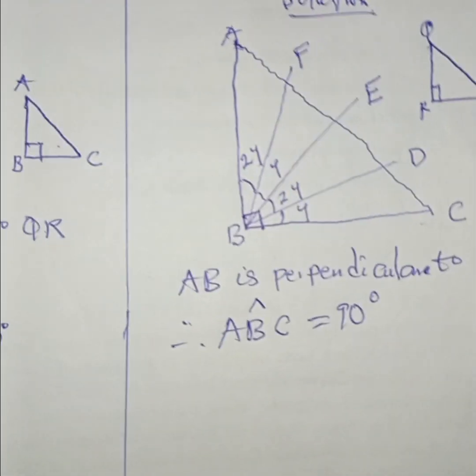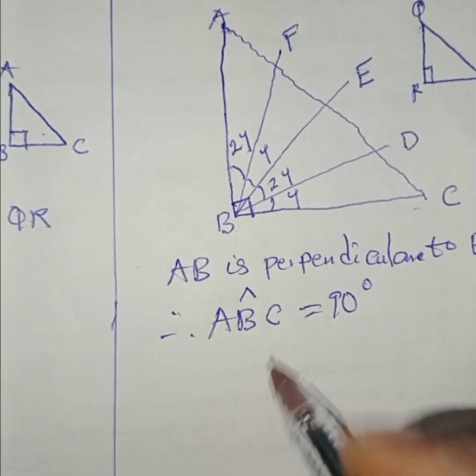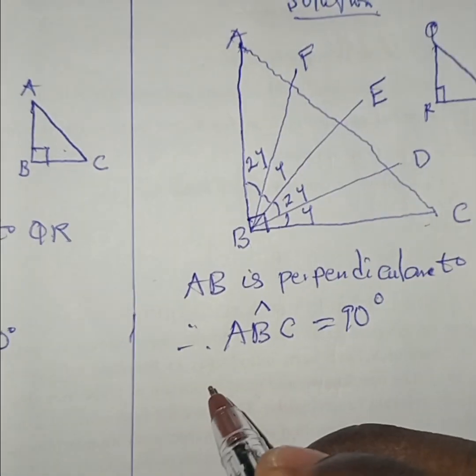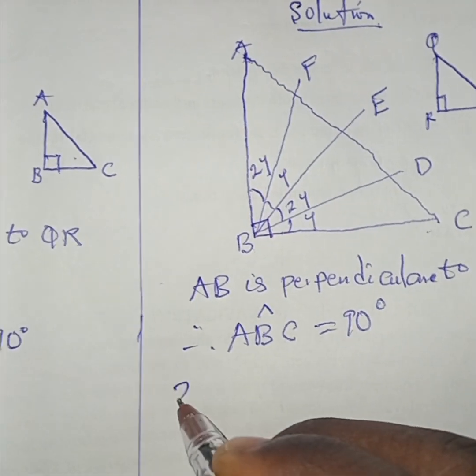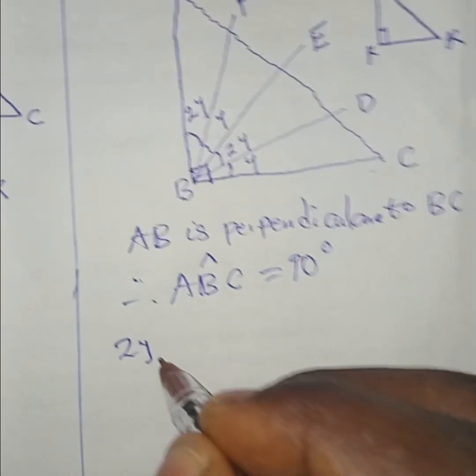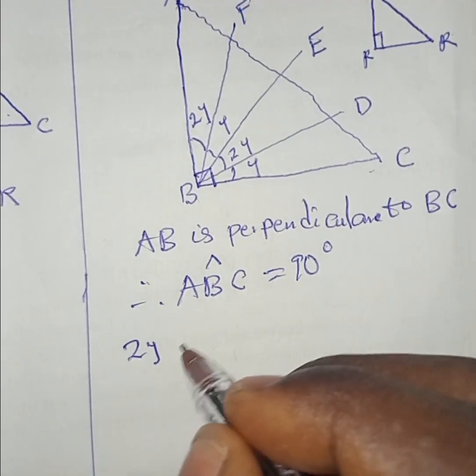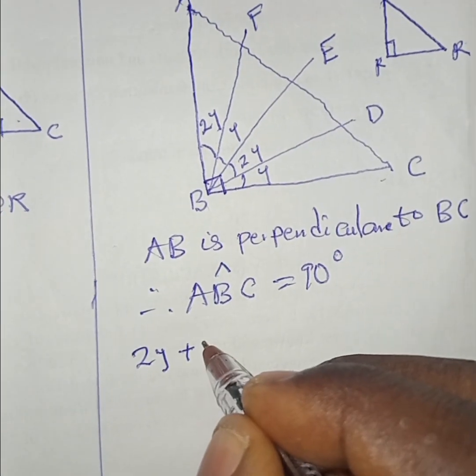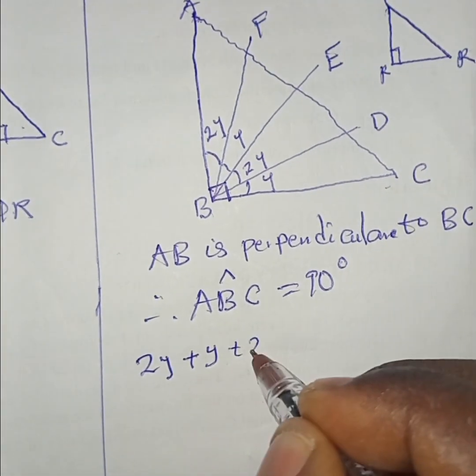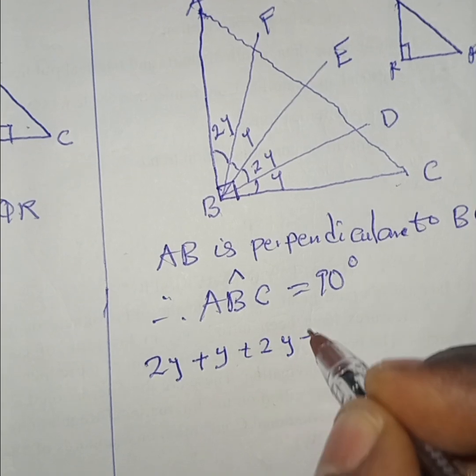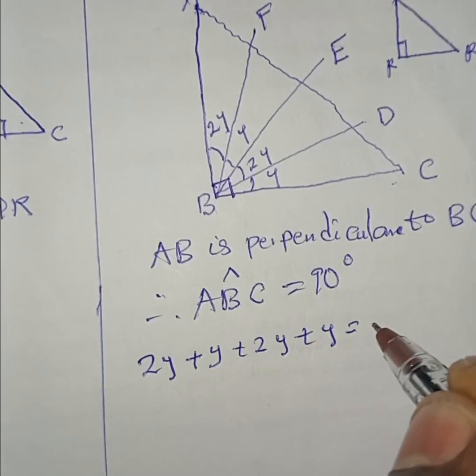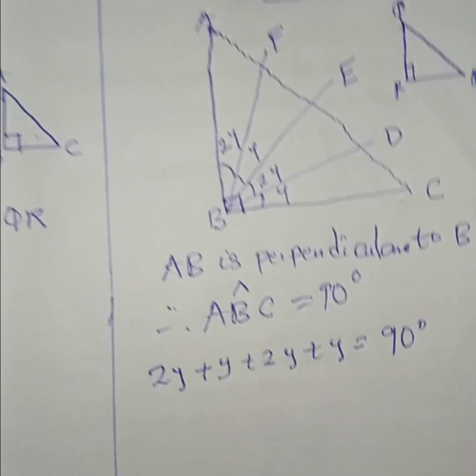Alright. So if that is well taken, it means that 2y plus y plus 2y plus y is equal to 90 degrees.